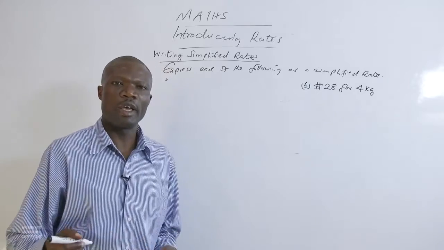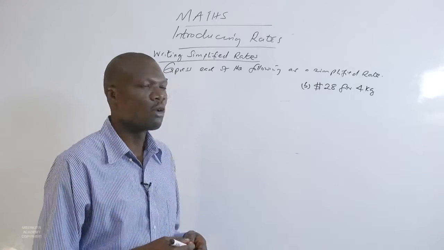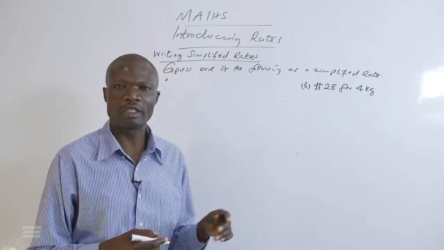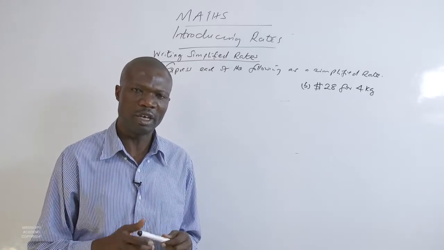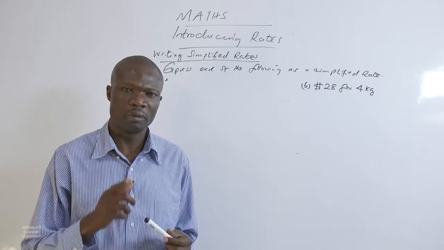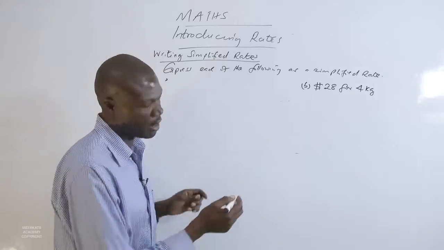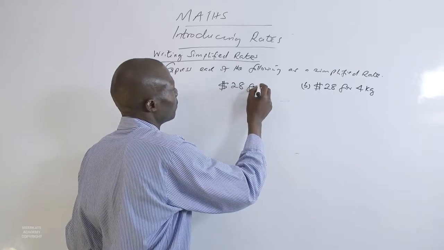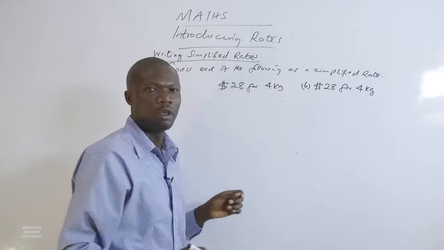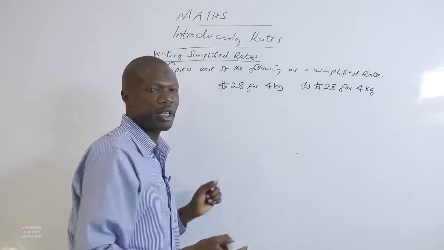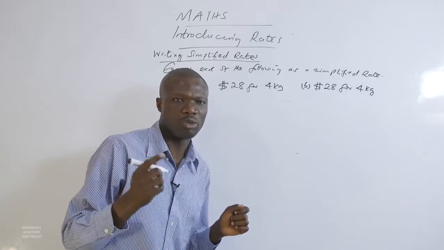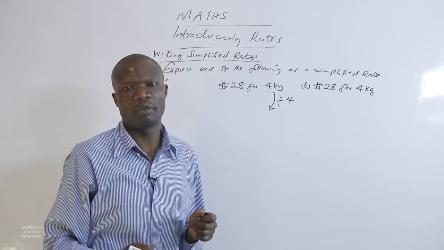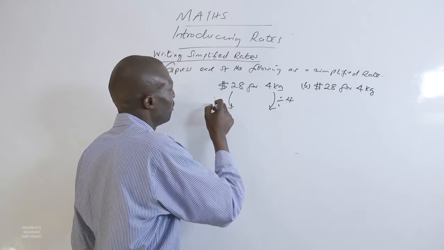The second question, we have $28 for 4 kilograms. If $28 is for 4 kilograms, we want to find out how much it will cost per kilogram. So in this case, first step, we shall make the second quantity to be 1, or a unit, so we divide by 4, and the first one also divided by 4.